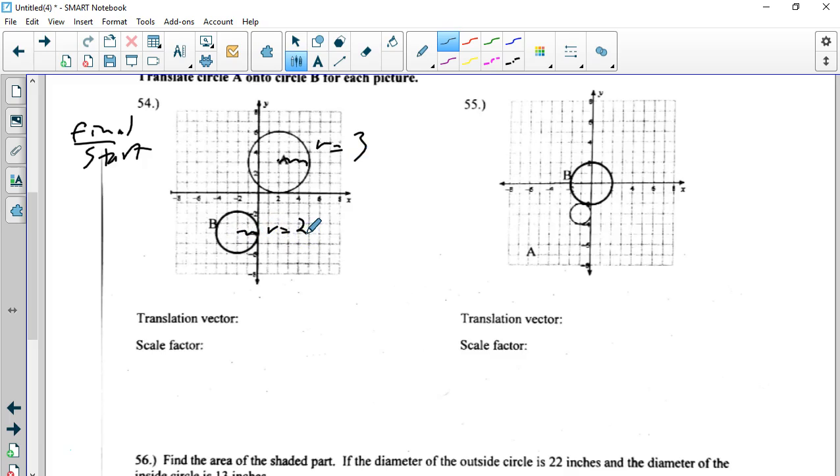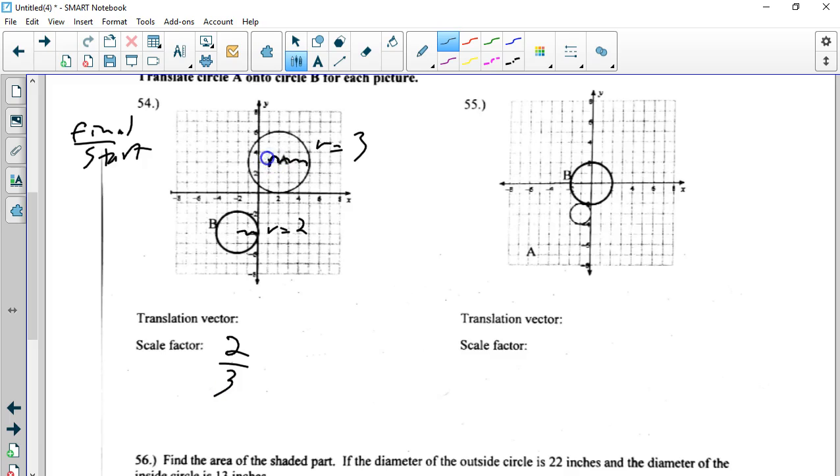So right off the bat, final, we're getting smaller. Final radius on top, beginning one on the bottom, 2/3. And 2/3 will make it smaller. 3/2 will make it bigger. Because 3/2 is 1.5 times. That makes it bigger.